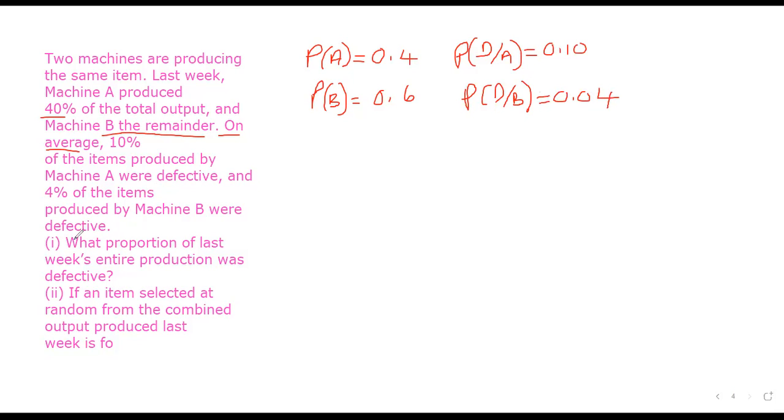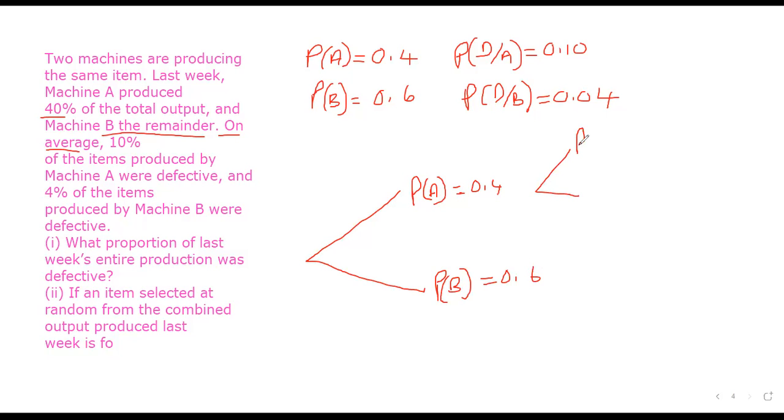So question number 1. What proportion of last week's entire production was defective? Now this is what we're doing, the tree diagram. Probability of A, 0.4. Probability of B, 0.6.